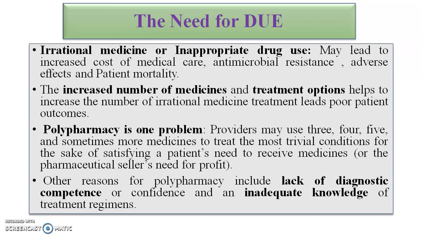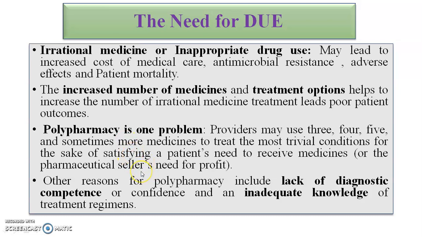Because of their own profits, they sometimes make physicians prescribe more brands. So because of polypharmacy, more ADRs. Because of more ADRs, there is increased hospital cost to the patient. So we need to do DUE.